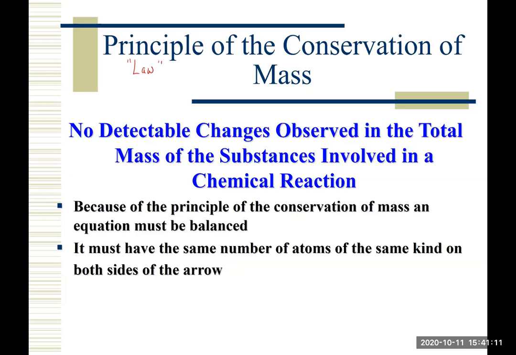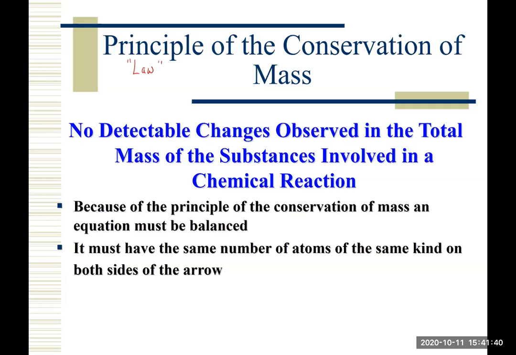And once we capture that evolved gas and we weigh the solid that's also remaining and any liquid vapor that has escaped, that's when we'll know the total mass of all of the products. And we can compare the mass of the products to the mass of the reactants that we started with. In both cases, we need to have the same mass, and that's what we find in every experiment that we measure.